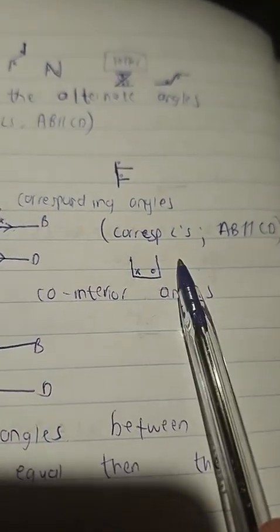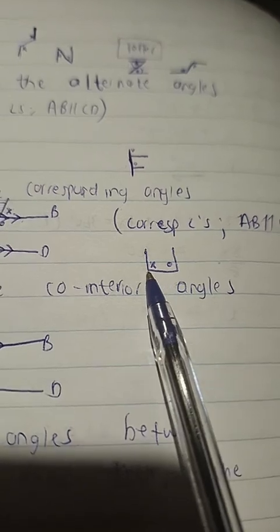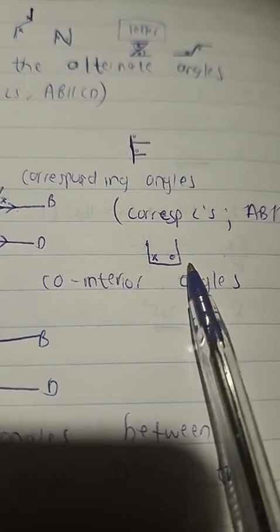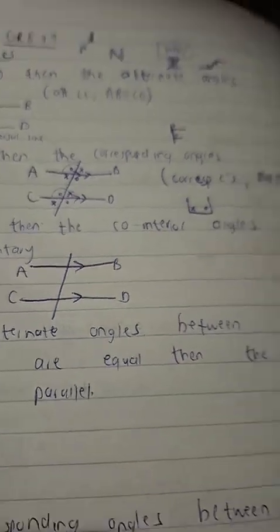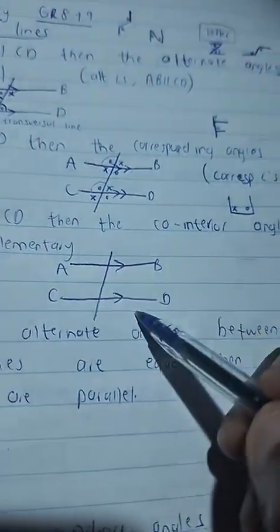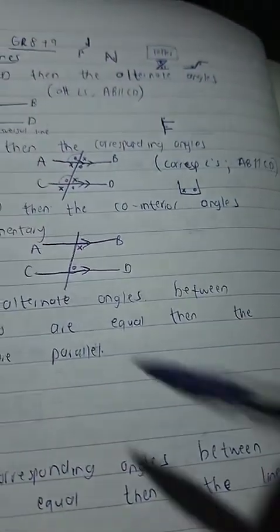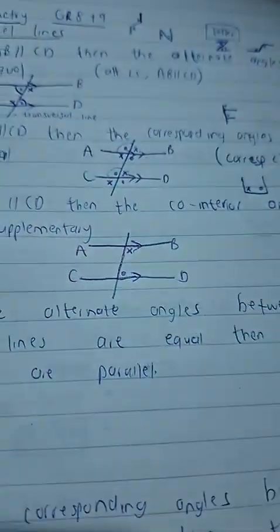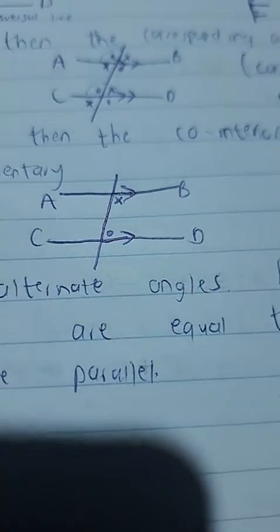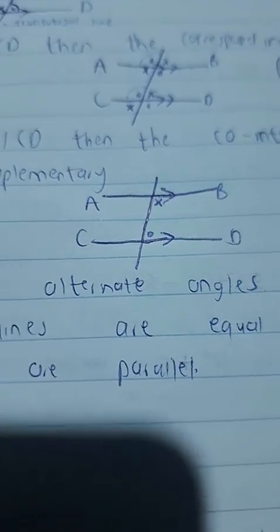So this is the position. The U shape gives us an understanding as to where these co-interior angles are situated. If you look at your parallel lines, where would the U be located? This would be our U, in between. So when we add this angle and this angle together, they should give us 180 degrees.